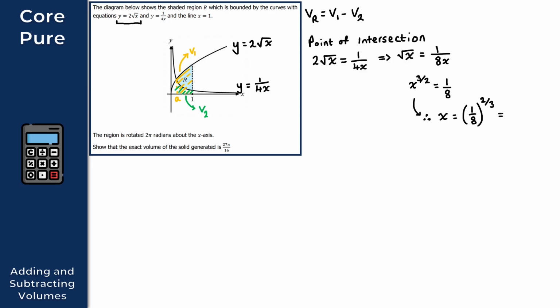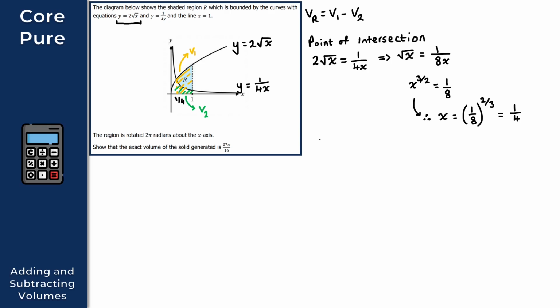And if we evaluate this, well, the cube root of 8 is 2. Square that, we get 4. So I get 1 over 4 there. So this point A, we can replace that now with 1 over 4. And what that gives me is the limits to our integrals.